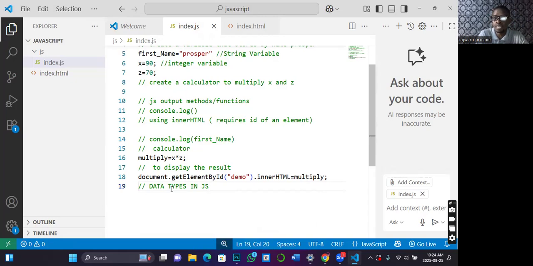So let me break it down, contextualizing all this so that you can understand it very well. For example, every language has its own information or data for speaking it.